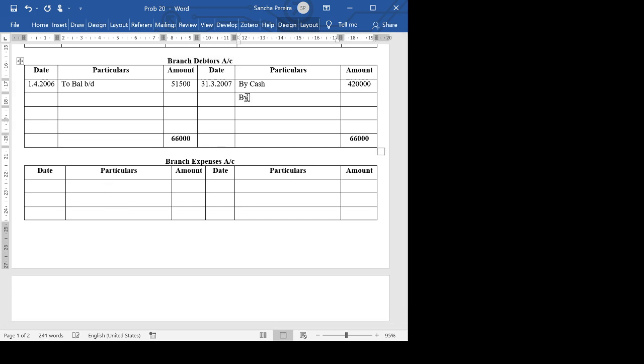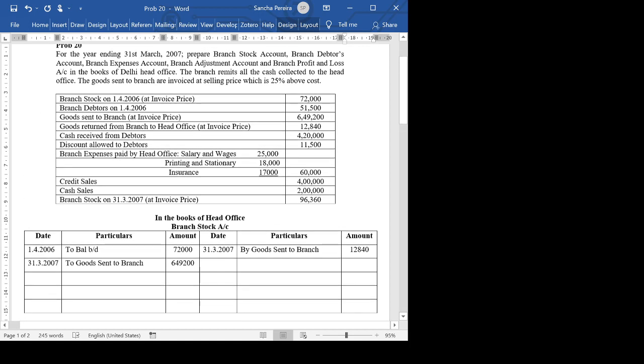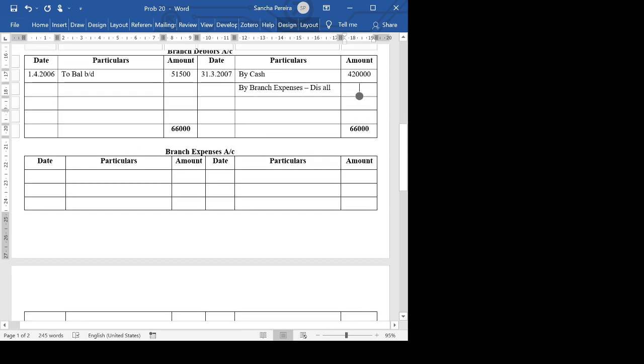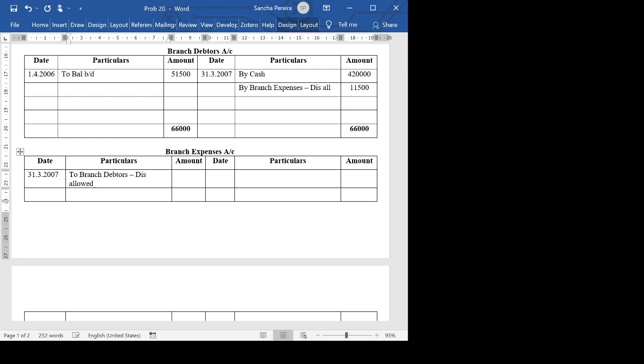So by branch expenses, discount allowed, which is 11,500, and the same thing comes in branch expenses on 31st March 2007, to branch debtors, discount allowed, which is 11,500.